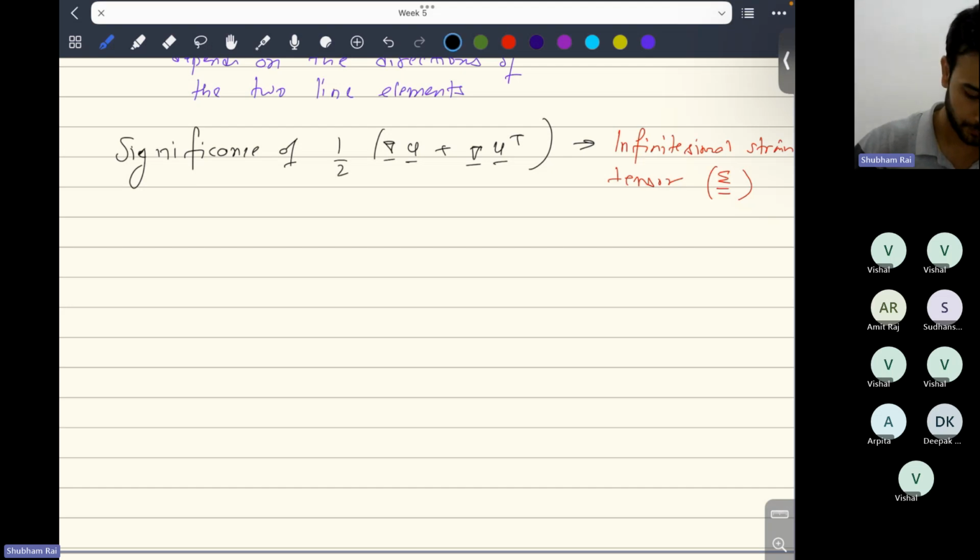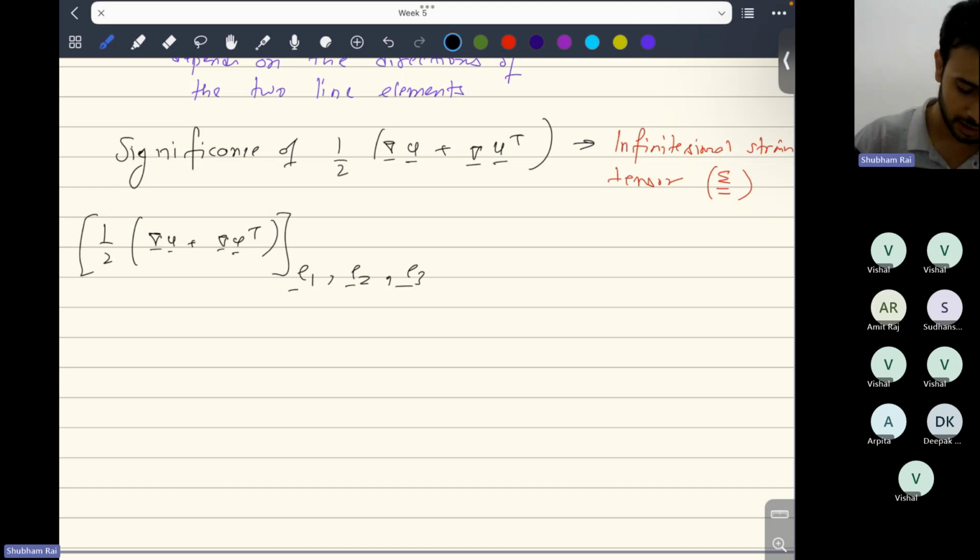So if we expand this half of grad u plus grad u transpose in the coordinate system e1, e2, e3, obviously a tensor has to be expanded with respect to some coordinate system.